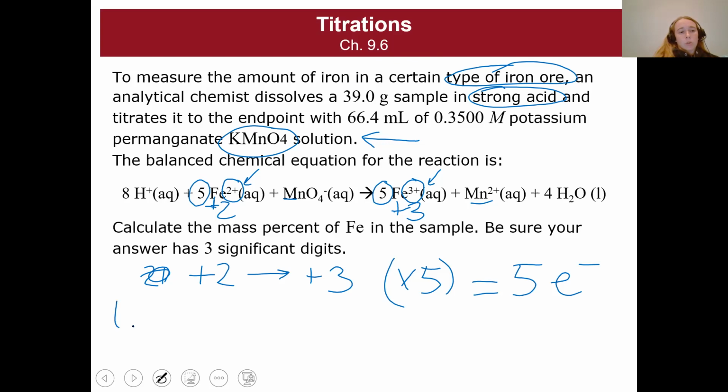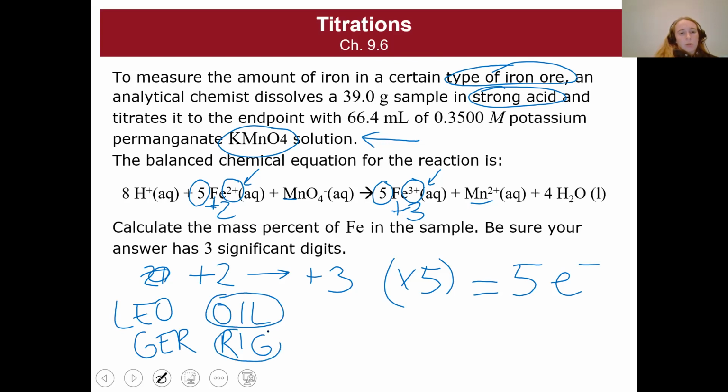Leo the lion goes grr. Or OIL RIG. Both of those tell you that the O goes with the L, the R goes with the G. So loss of electrons is an oxidation. Iron is being oxidized.